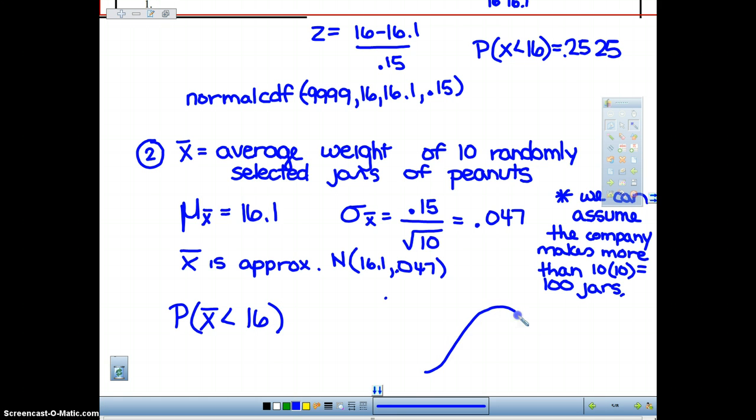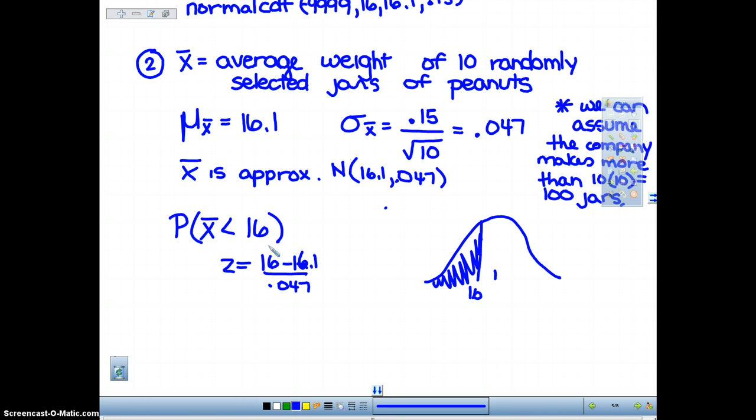I need to draw my picture. So there would be 16 colored in. Find my z-score, which is still 16 minus 16.1, but I'm going to divide by 0.047 because that's my standard deviation for this sampling distribution. And I would get the value.